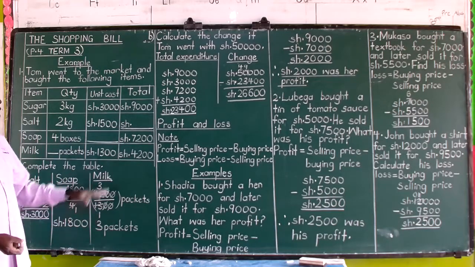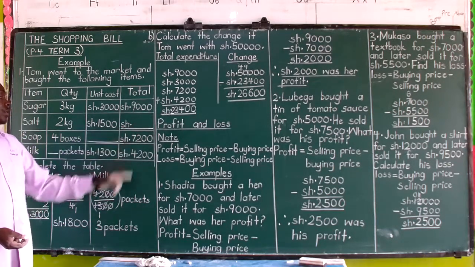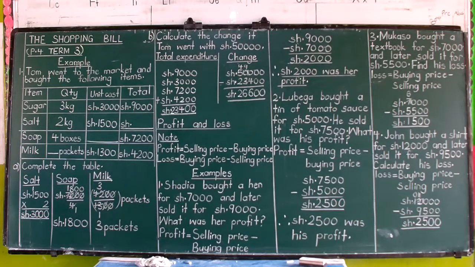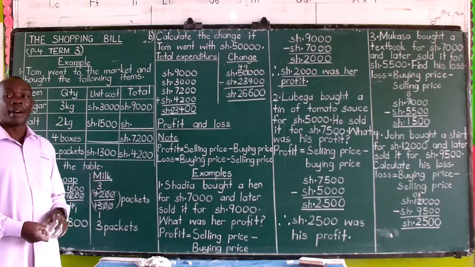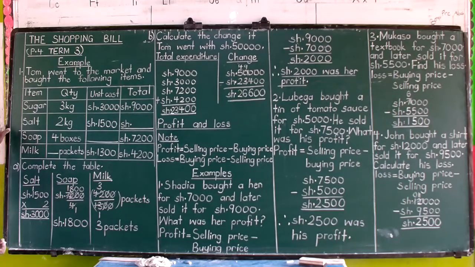So now we have got other gaps here. A gap for the total, also called amount, a gap for unit cost, and a gap for this item milk, which is quantity. Now, you must note that we majorly use 2 operations of multiplication and division.